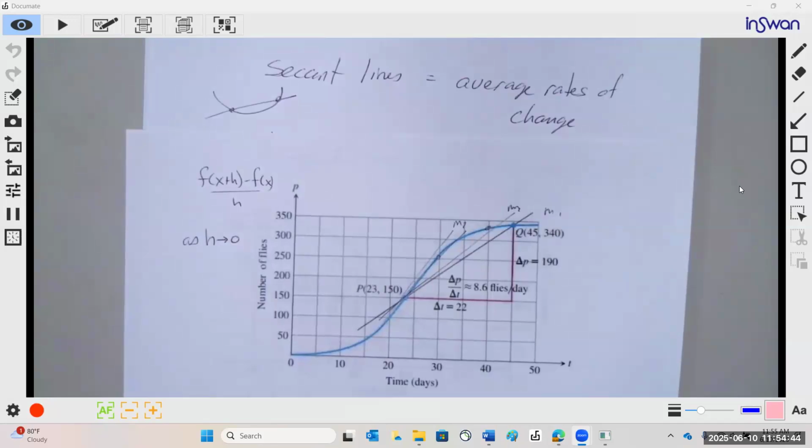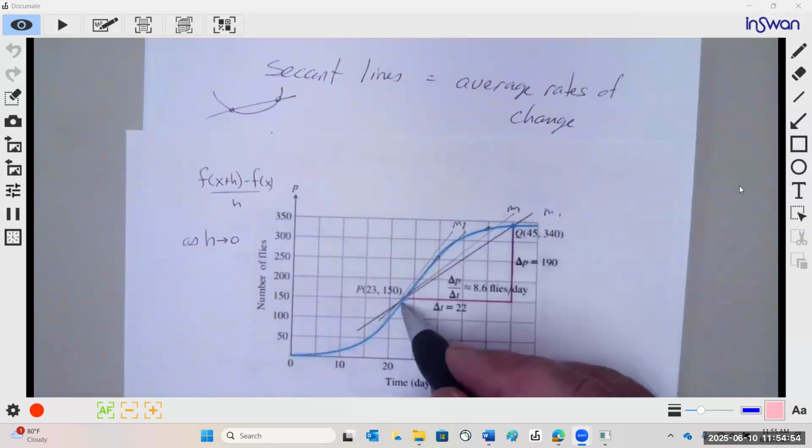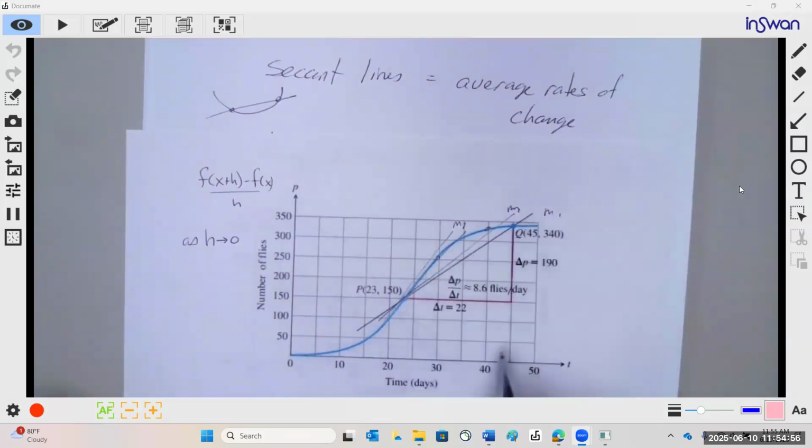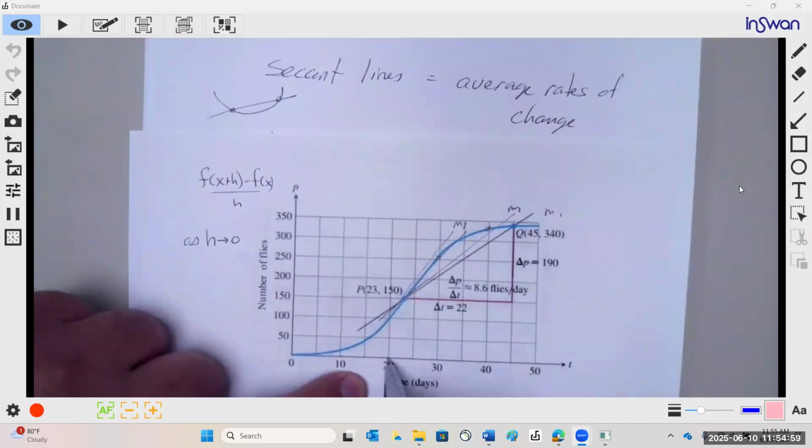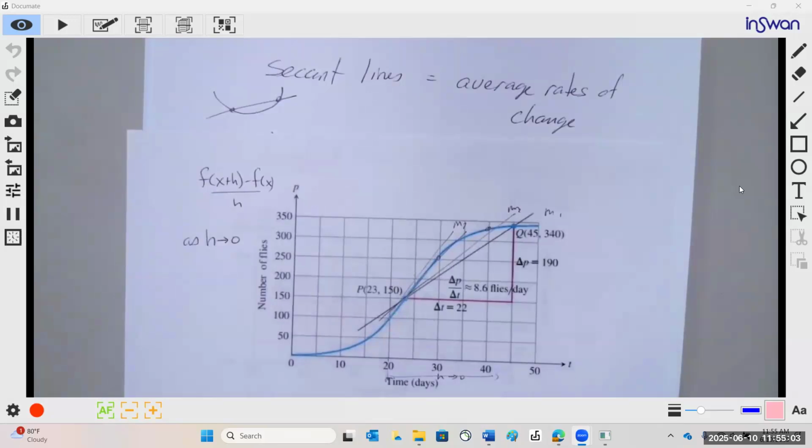That's the only way you can truly guesstimate what the instantaneous rate of change is of a curve. You have to take the surrounding points, and as h, as your distance goes to 0, you're seeing what value does that approach.